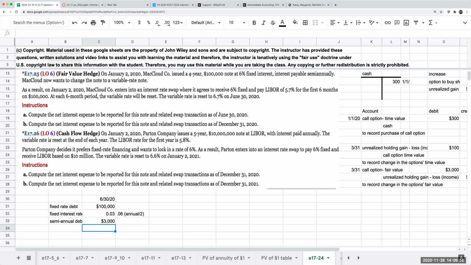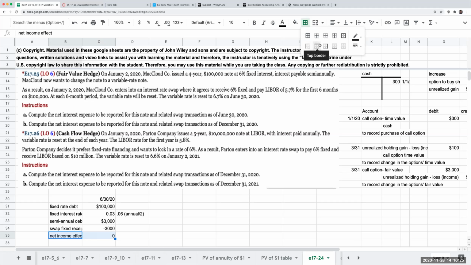Okay. And over here, we've got a swap fixed receipt of 3,000, and net income effect is going to be 0.